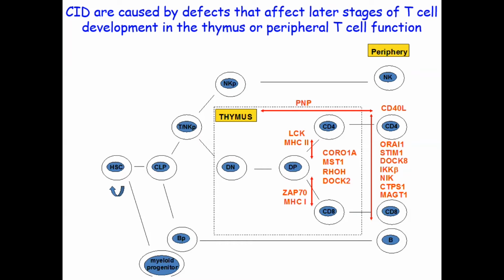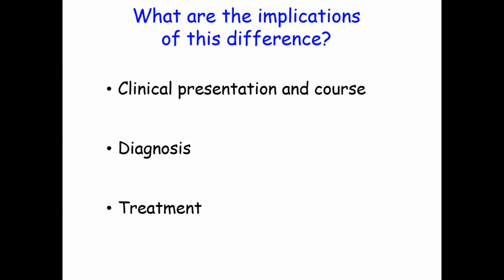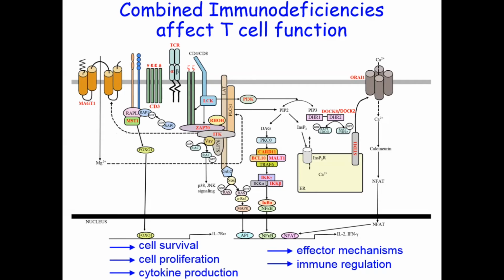And this has important implications with regard to newborn screening. So what are the implications, in fact, of this for treatment? Well, I already mentioned that the clinical presentation and the clinical course of combined immunodeficiency is different than SCID because it's not just infections. How do we diagnose them, and how do we treat them, and how different is this from what we do in babies with SCID?